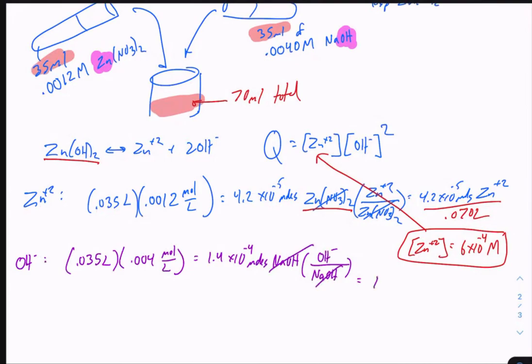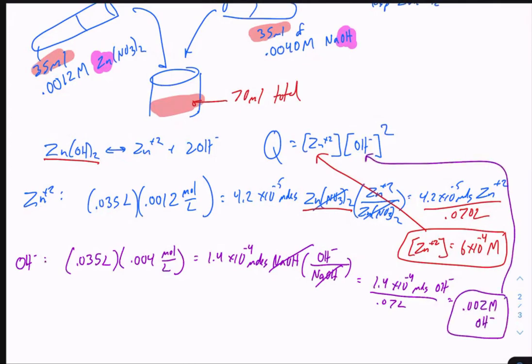So 1.4 times 10 to the minus 4 is the moles of hydroxide. Again, we need this as molarity. And that's our second concentration.